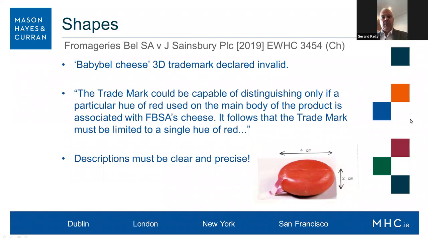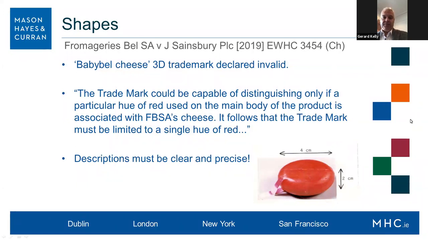Now, again, what was probably fatal to a large degree here was that there was not a particular shade or hue, as this particular case was talking about, of the red. And what the judge here felt was needed was that there was a particular shade of red which would be associated with the proprietor of this cheese product. It wasn't in the application, and therefore this was held to be lacking in clarity and precision and couldn't be registered as a particular trademark.